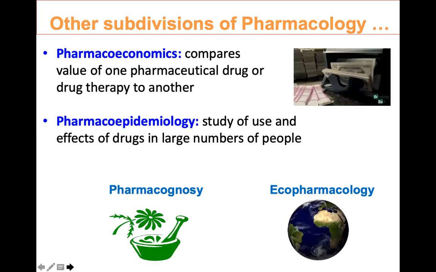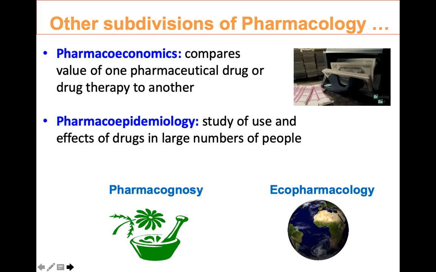Then the other subdivision is pharmacoeconomics. It is very important as it compares the value of one pharmaceutical drug or therapy to another. Suppose we have two different management systems for a particular disease involving certain drugs.